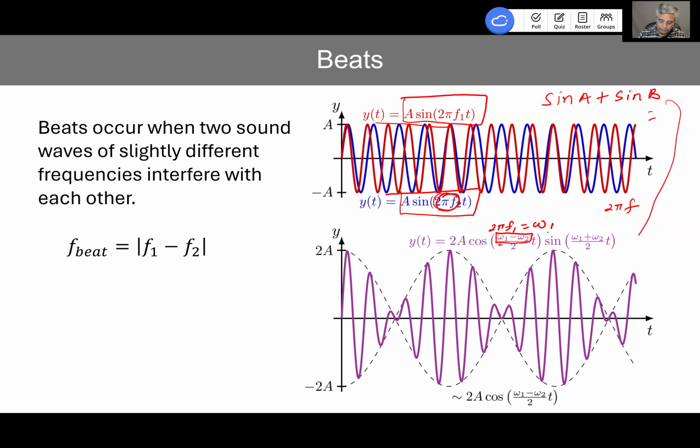Graphically, if we try to understand what happens, here we are plotting time. Last time when we looked at the wave plot, it was position x. Now we are plotting time, and we are just picking a point.